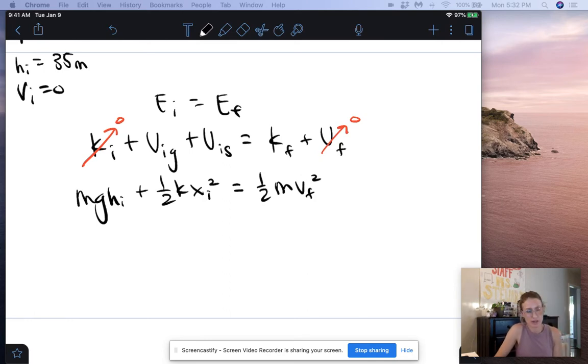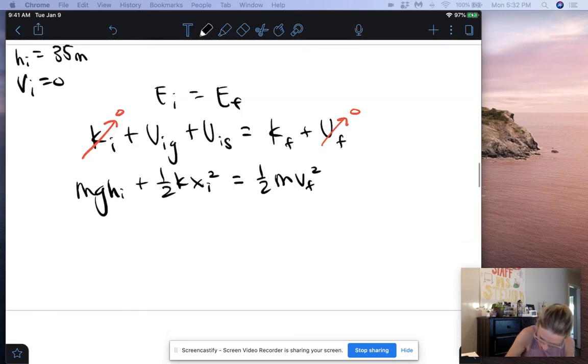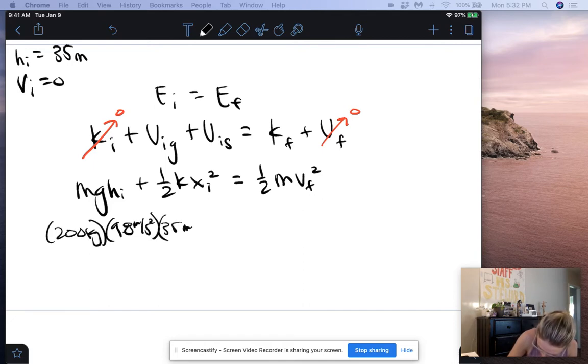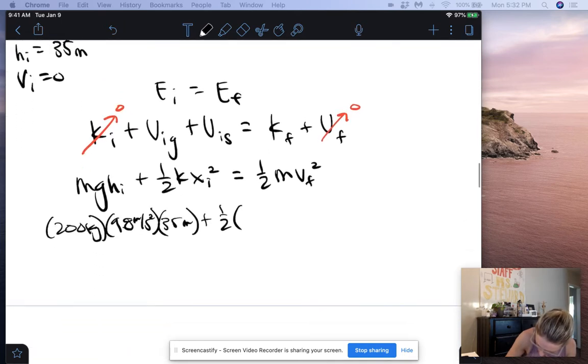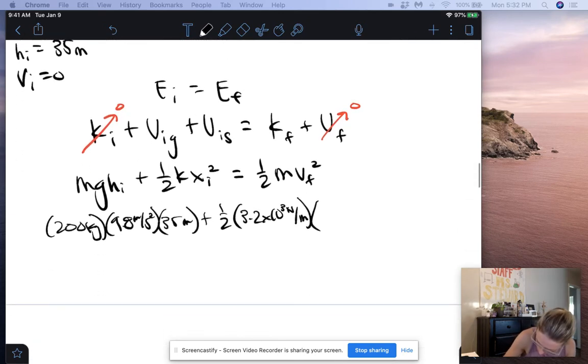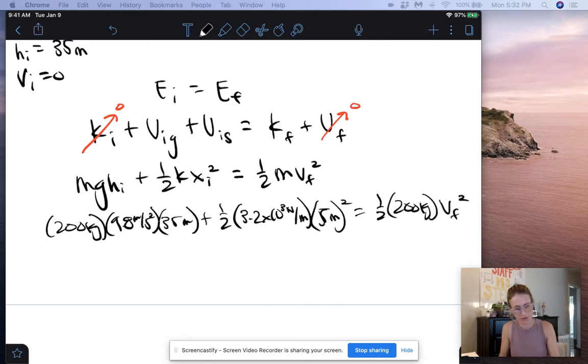So here, I'm just going to plug in our numbers. We have the mass, which is 200 kilograms, times acceleration of gravity, 9.8 meters per second squared, times the initial height, which is 35 meters, plus 1/2 times K, which was 3.2 times 10 to the third newtons per meter, times the initial compression of the spring, which was 5 meters squared, equals 1/2 times the mass, 200 kilograms, times v final squared.